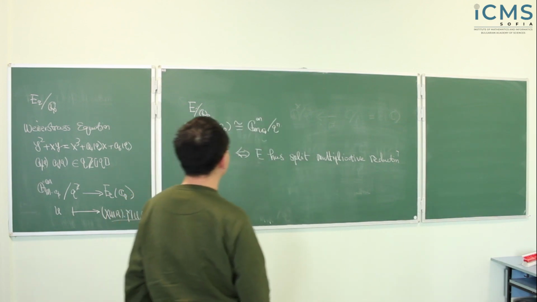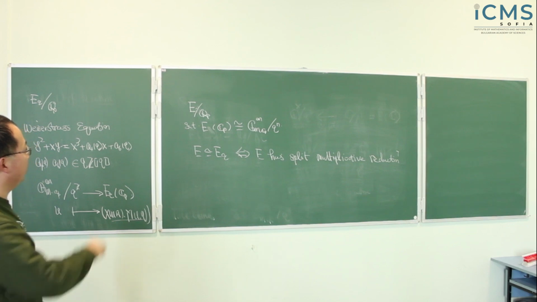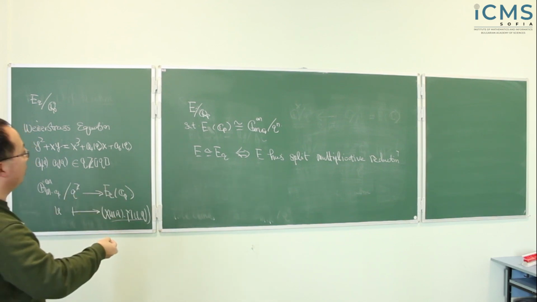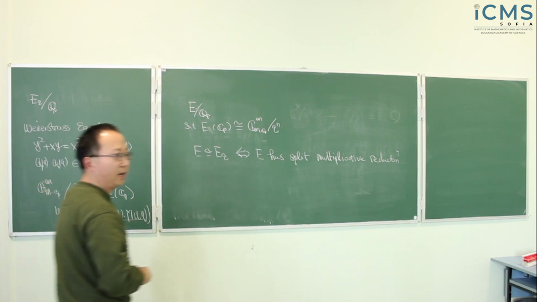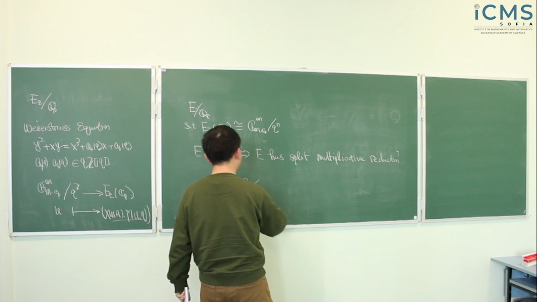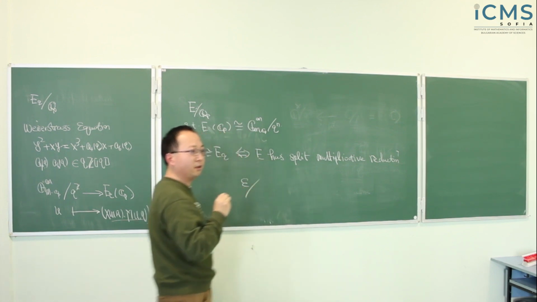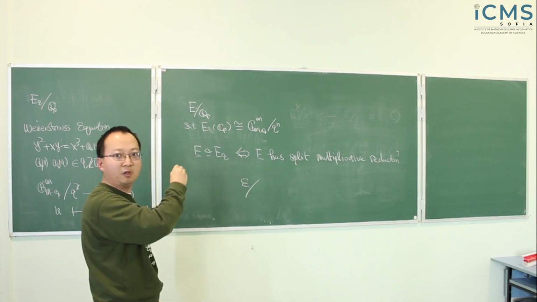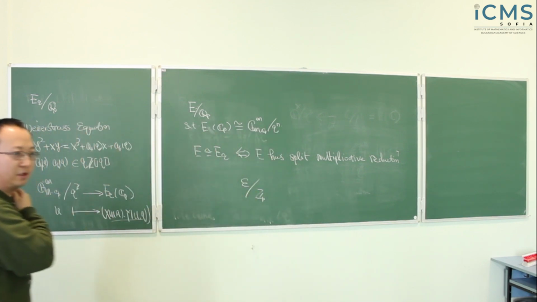This means that E is an algebraic variety over QP, and you can find a formal model of it, the corresponding model over ZP.